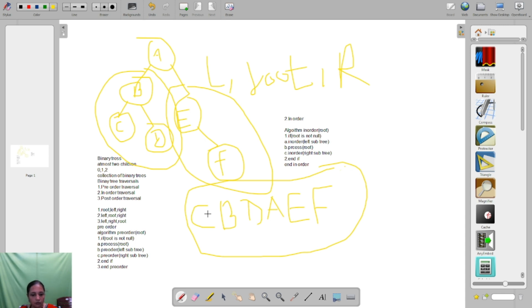Okay. So the last one, the third one, is post order. Post means what? After. The root is visited in the last stage.